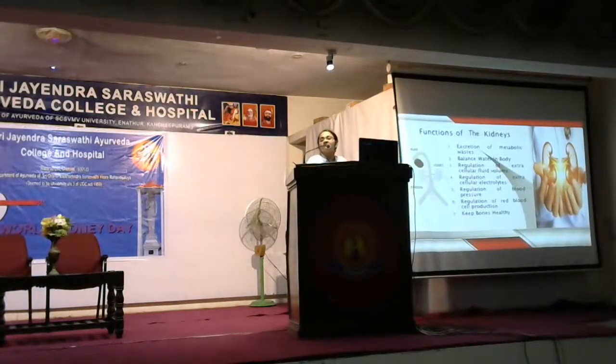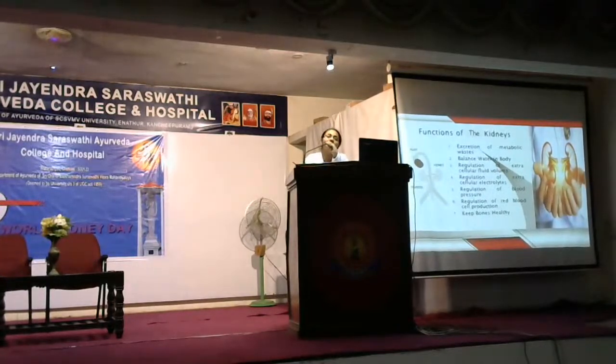So already the functions of the kidney were told by Dr. Lakshmi Madam, where the most important point is that the kidney is a vital life sustaining organ in the body. It does functions such as excretion of metabolic waste, and especially it balances the sodium and potassium level. It secretes hormones which play an important role in systemic illness.